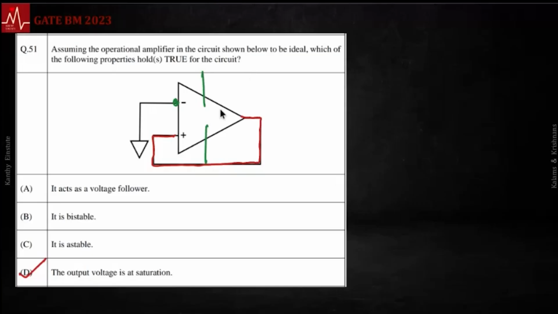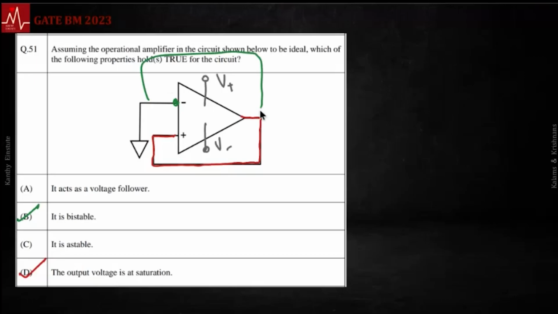Okay, this is a bistable, behaves like a switch. This is also bistable. It can saturate at either of these two voltages, V plus and V minus. So it's bistable. The output is at saturation. Notice there is no counteracting negative feedback loop here.